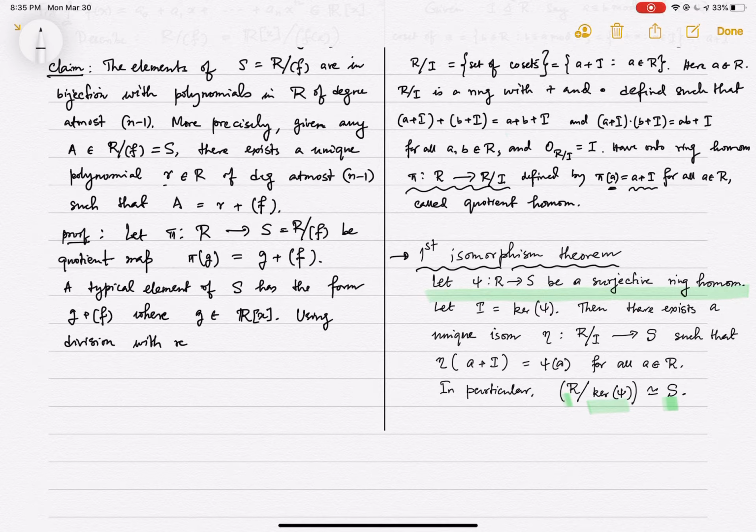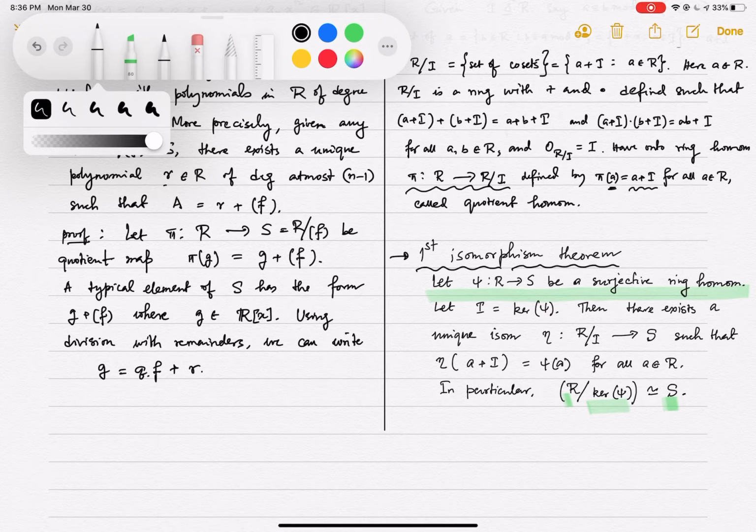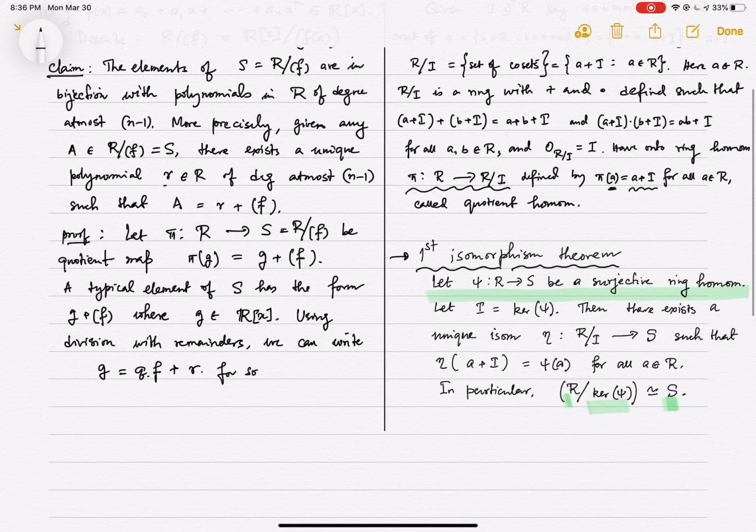this is the crux of the argument. Remainders, we can write, so I'm going to divide G by F. I get a quotient and a remainder for some Q, R in the polynomial ring, and degree of R strictly less than n, or less than or equal to n minus 1, right?